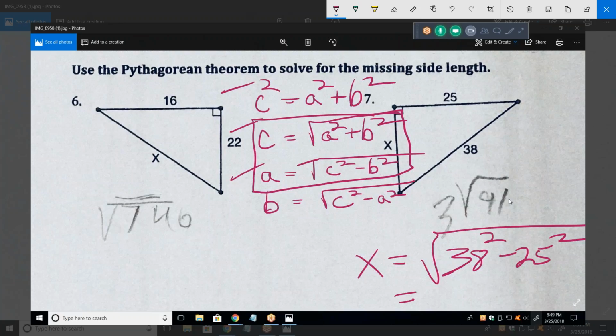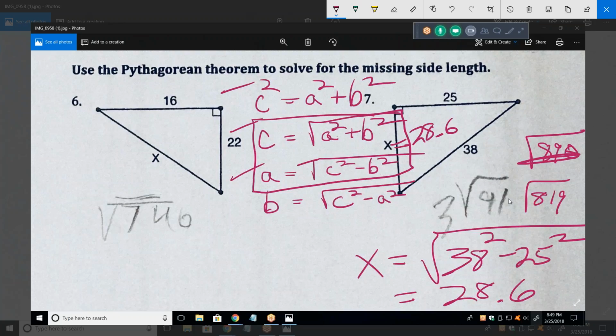That would be 28.6. 28.6? Yes, or the square root of 819. I actually prefer that. Square root of 819. Good. Because we could definitely simplify the other.